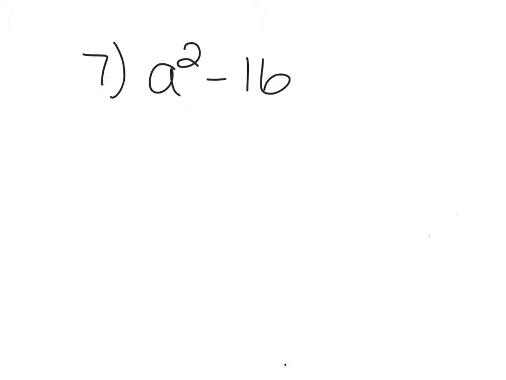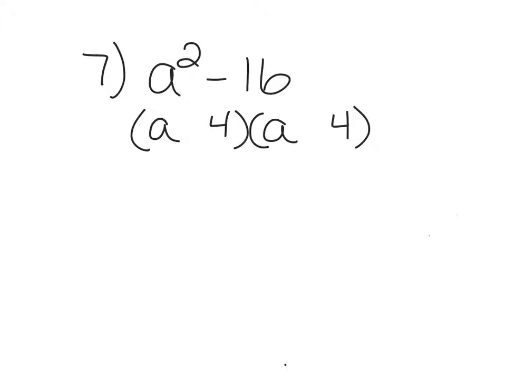I can still factor it. So I'm going to put my parentheses. I know a squared is going to be a times a. And 16, although it has several factors, I need them to be the same number so that the middle term will cancel out. Well, 16 is a perfect square, so 4 times 4 is 16.